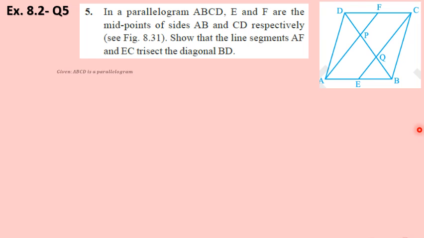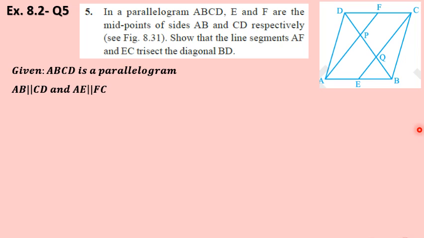So let us see. Given ABCD is a parallelogram. So then AB parallel CD. Therefore, AE parallel FC. AB equal to CD. So half of AB equal to half of CD.